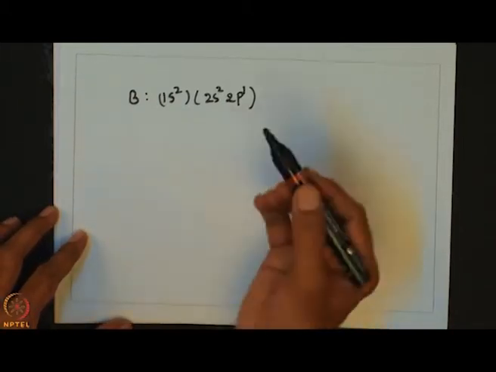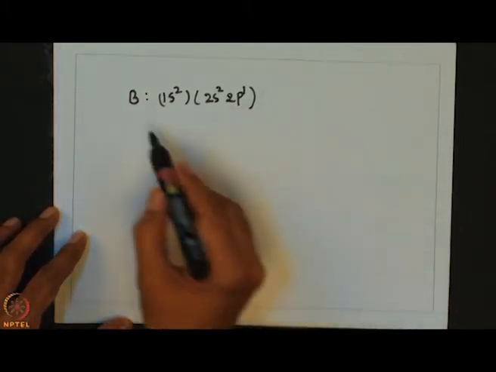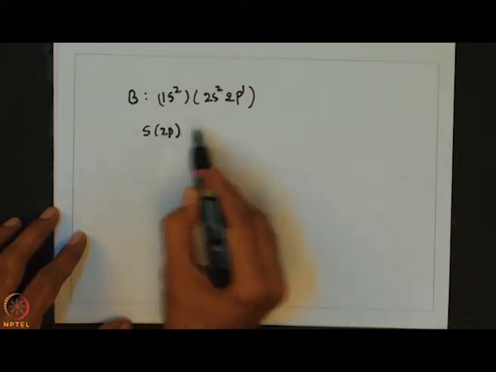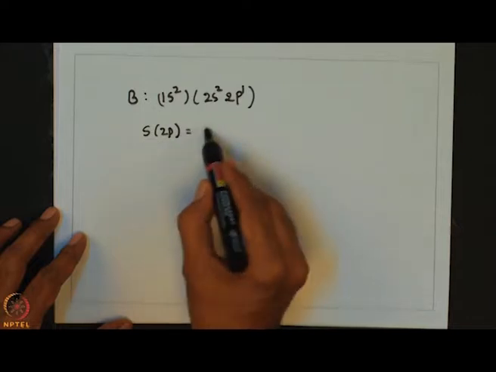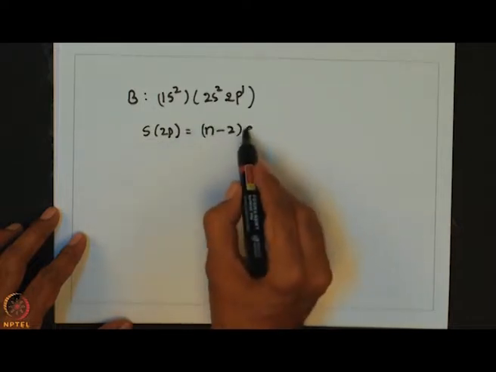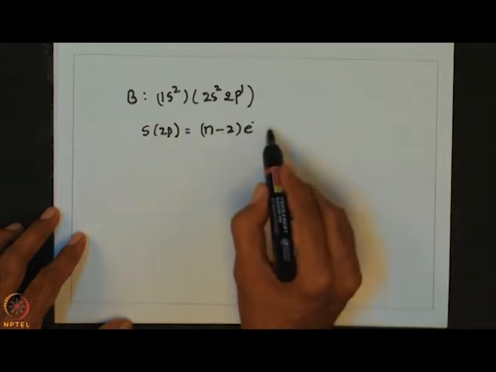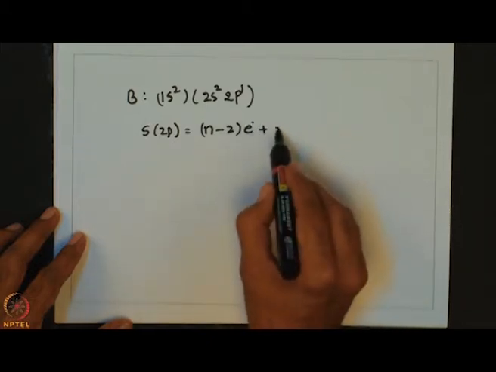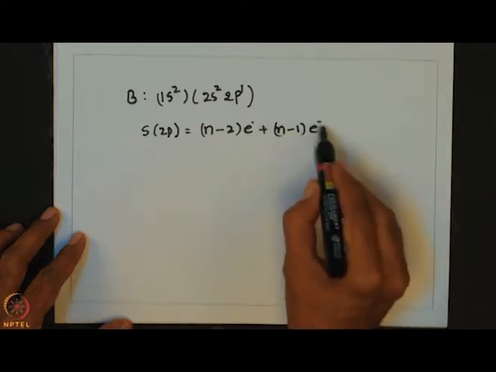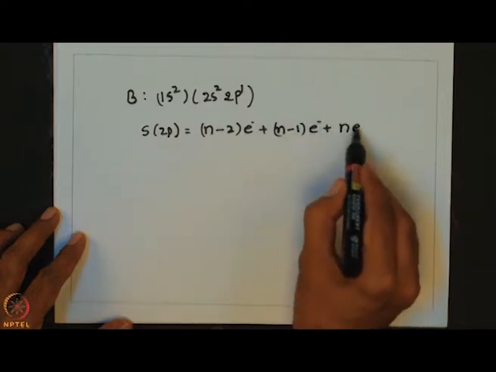Let us use the simple formula given by Slater. S of 2p is asked. For this, one should write first the n minus 2 electrons, n minus 1 electrons, and n electrons.